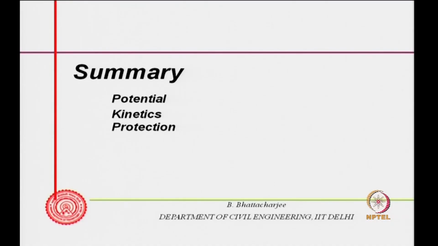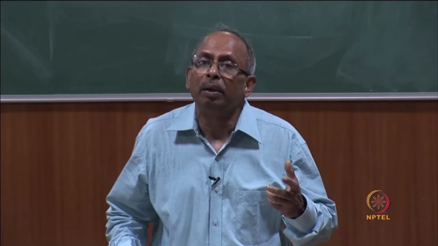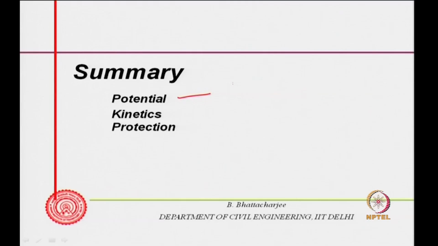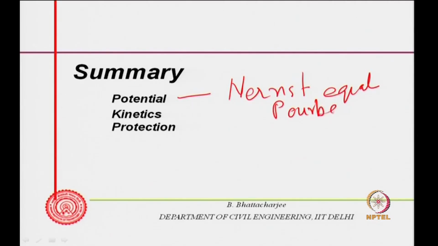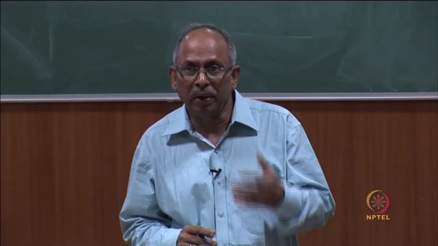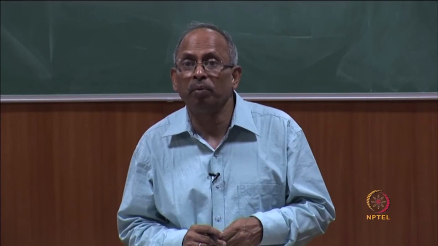We can summarize. We discussed potential, and in that we talked about the Nernst equation, Pourbaix diagram, etc. Then we talked about Tafel's equation, and then the effect of corrosion.